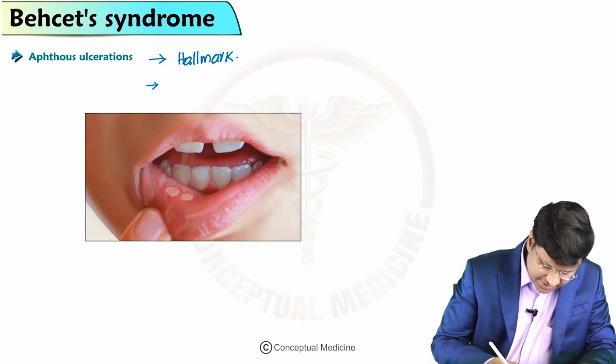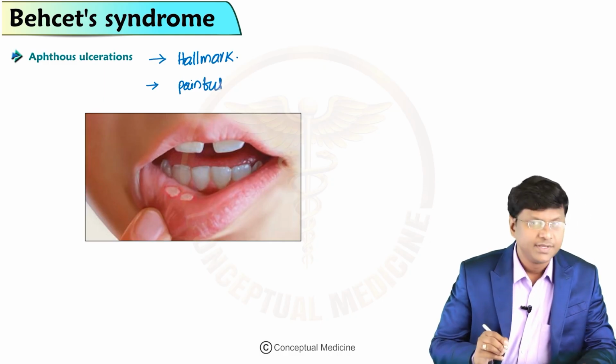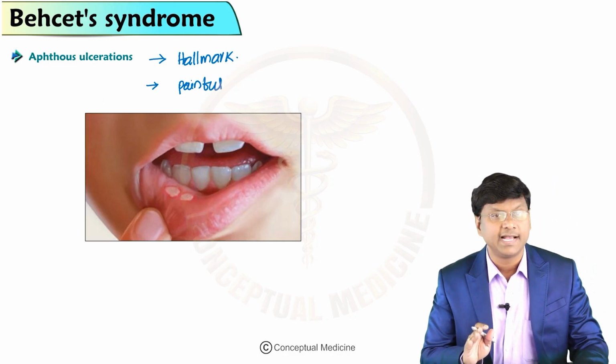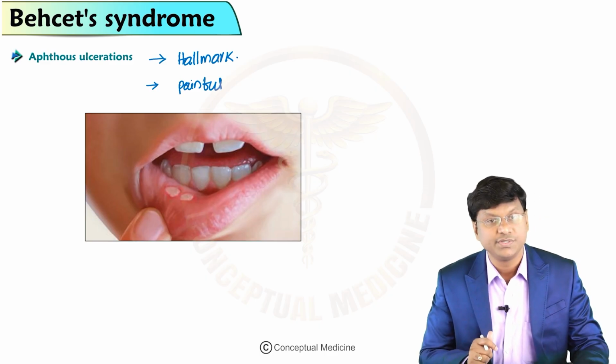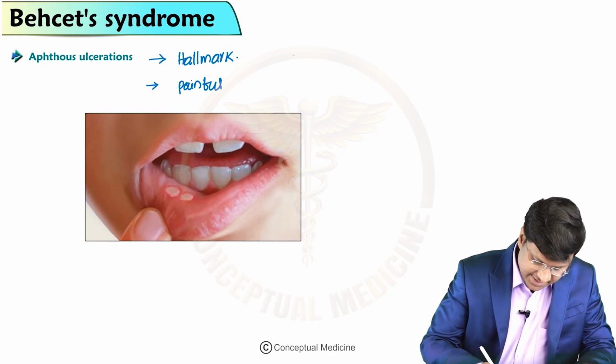And this oral ulceration is very painful. These are very painful aphthous ulcerations which you see within the mouth. And whenever these ulcers appear, they are almost 2 to 5 in number.